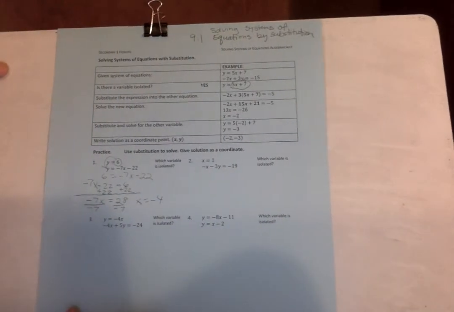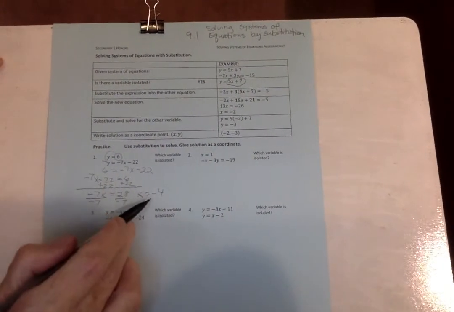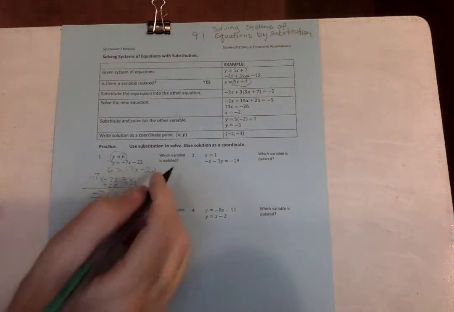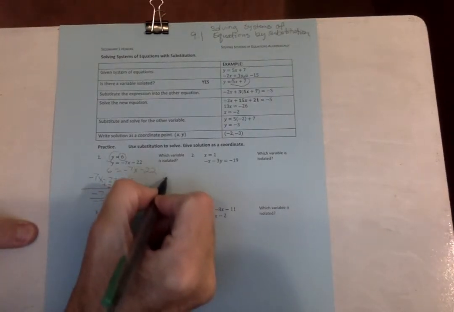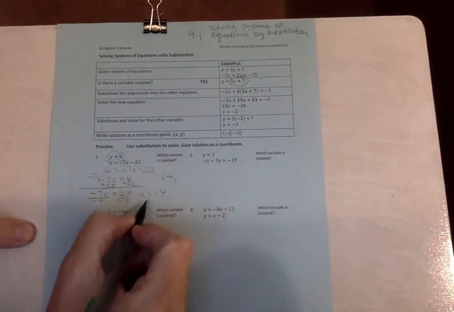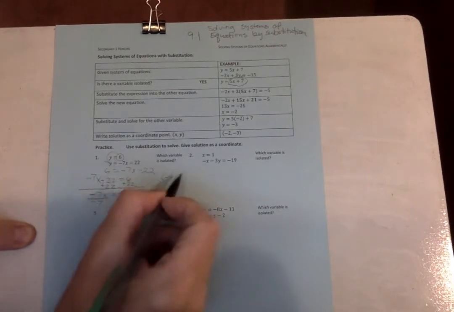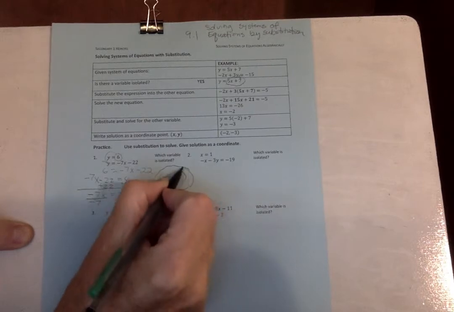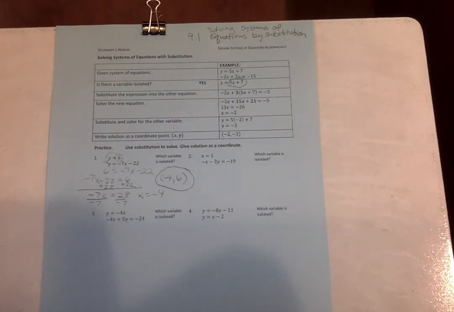Now, generally, you have to plug negative 4 back in to find out what your y is. However, we see that our y is equal to 6. So our ordered pair would be negative 4, because you always list your x first, and then 6 for your y value. And there's your solution for number 1.